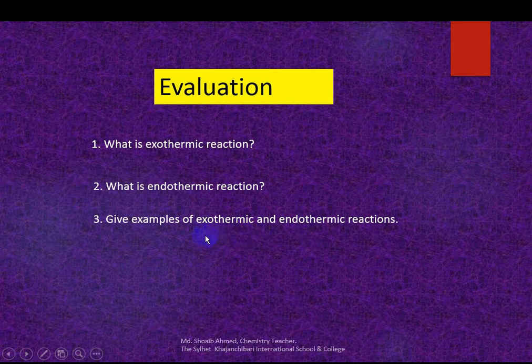All combustion reactions are exothermic. All neutralization reactions are exothermic. All decomposition reactions are endothermic reactions. Give one example of an endothermic reaction. Photosynthesis. Melting of ice. Yes, melting of ice. Photosynthesis is also an endothermic reaction.